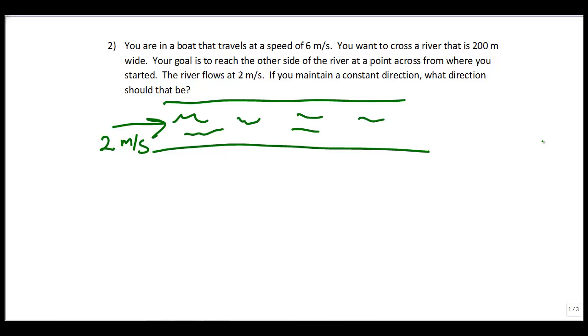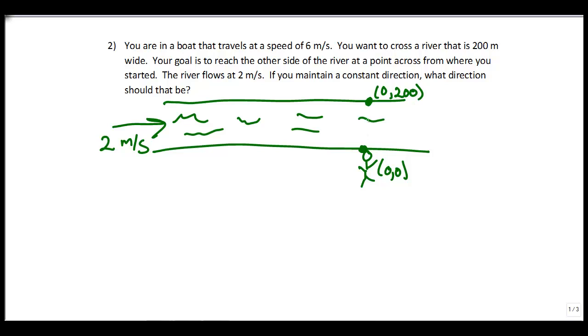Let's suppose we start here, and we're going to swim. I want to get to this point right here. So maybe we'll think of this as 0, 0, as a point, think of that as the origin. Where we want to get to then, it's 200 meters across, so this is 0, 200.